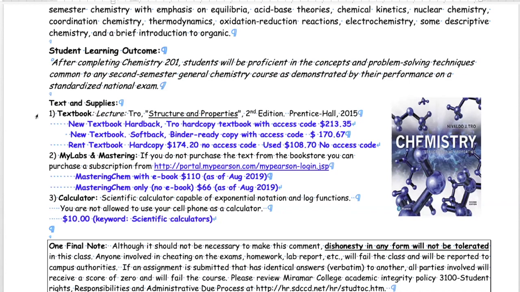So the main idea is, if you're in 201, you're going into science. You really need to learn the fundamentals. And you might say, yeah, but I'm not going to be using chemistry again in the future. The idea here is you have to be able to learn abstract concepts that might be out of your field. That way, when new things come in, you'll be that much more trained to make the adjustment, okay?